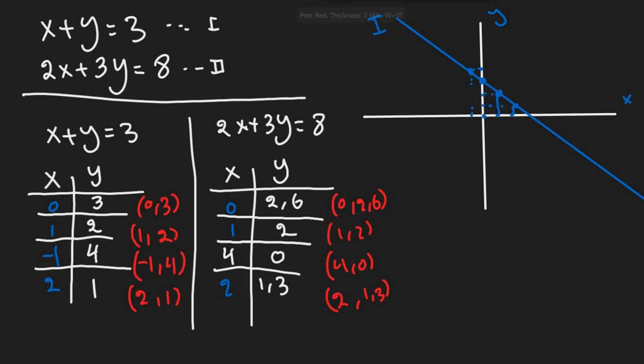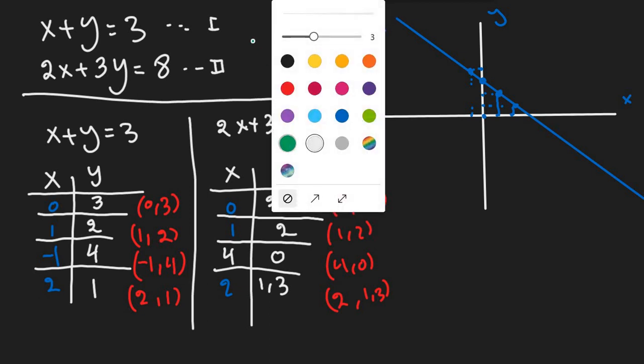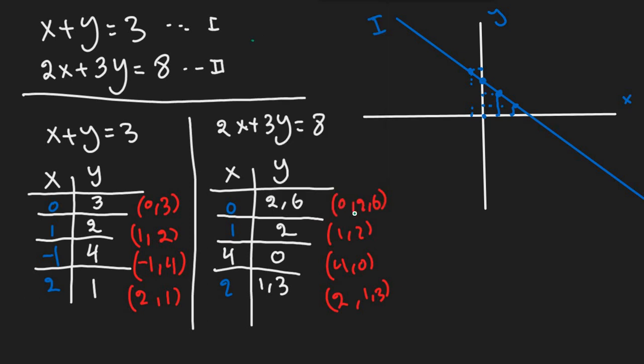The second equation, let's use this color. 0 and 2.6: x is 0, y is 2.6, almost here at this point. 1 and 2: x is 1, y is 2, this point. It came on the same point as the first equation.